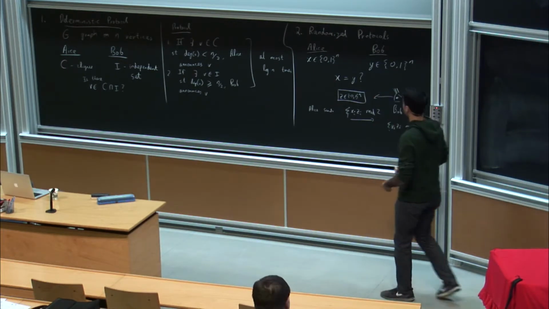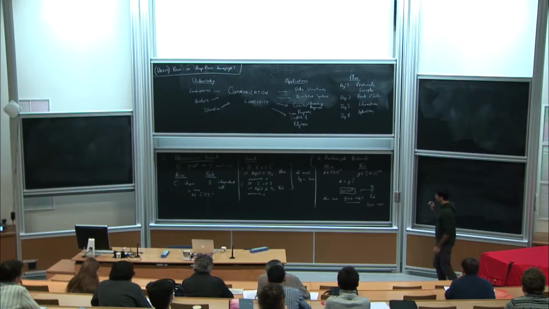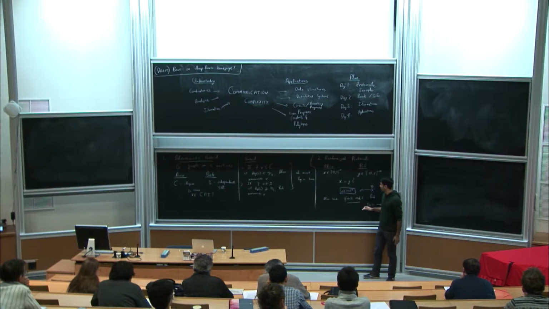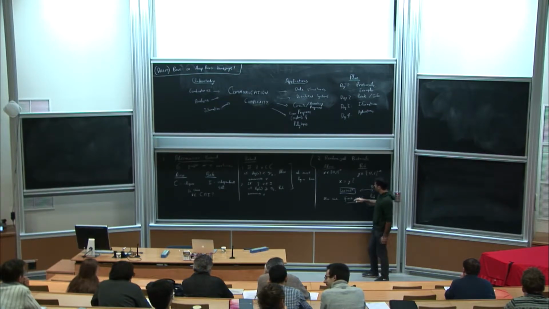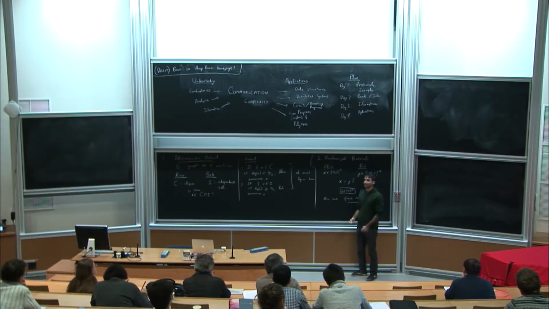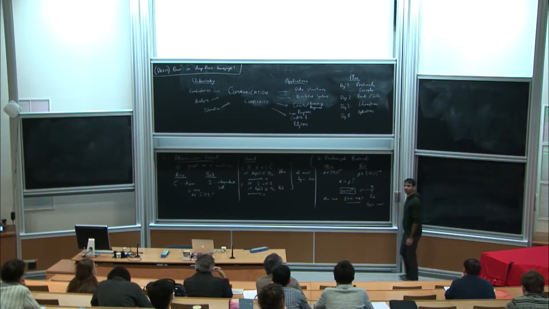Now to address the issue that they had to assume they have this common z, it turns out that you can actually get rid of that. It's a little more complicated, but you can first reduce the length of z to be just log n bits and produce a similar experiment. Once it's reduced to log n bits, Alice can privately sample z, which is log n bits long, and send it along with the inner product of x and z.